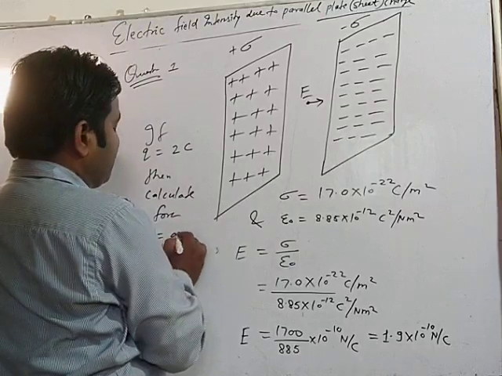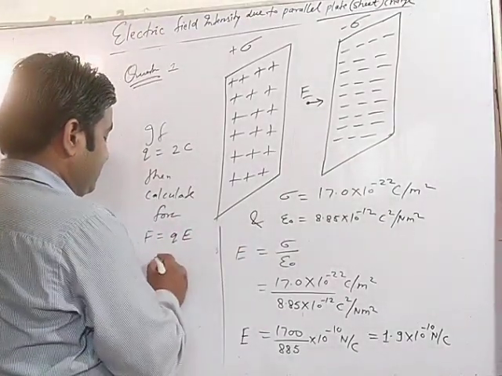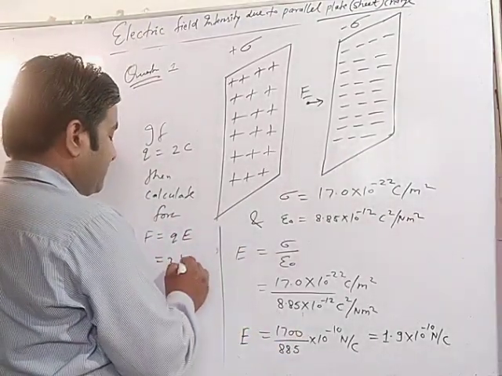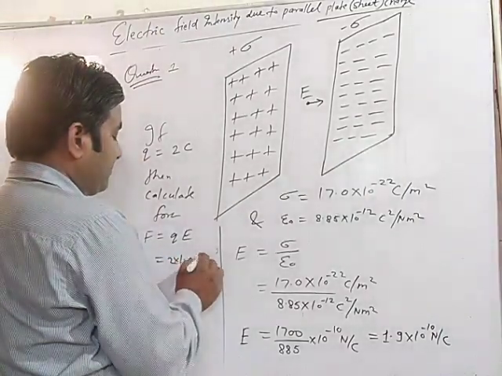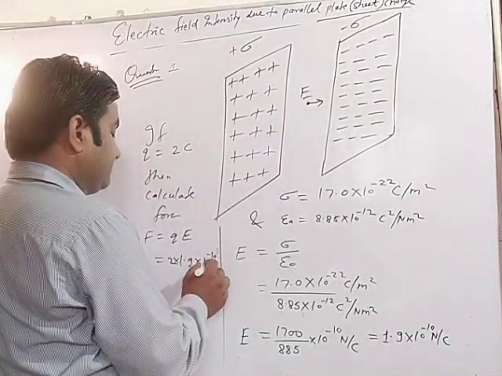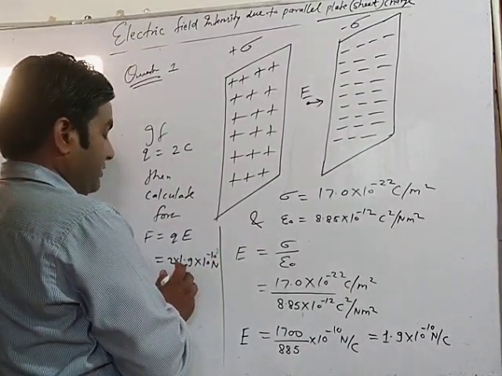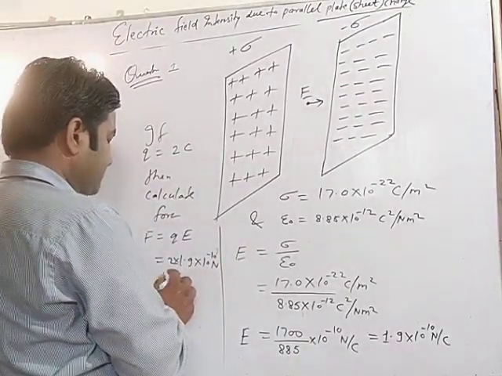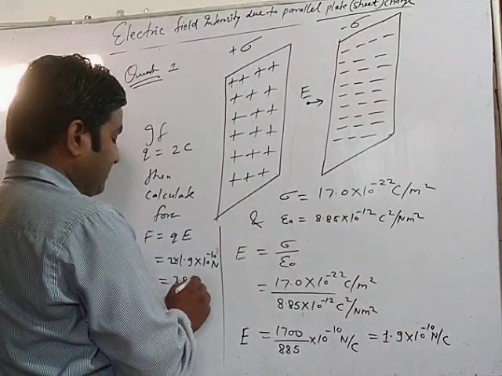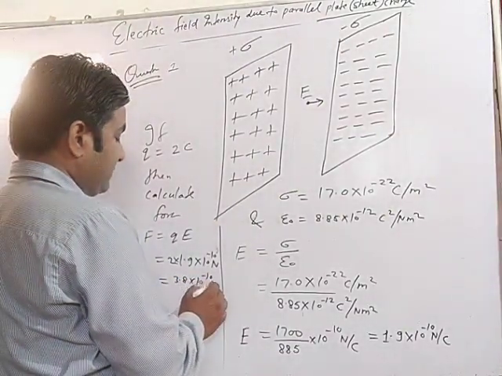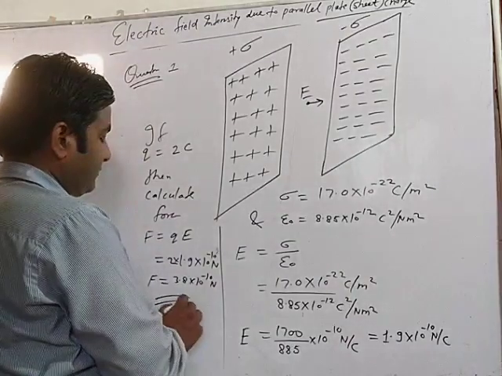Then F is equal to what? We know that F is equal to QE. Q value 2 and E value 1.9 into 10 power minus 10, then it will be in Newton, equal to 3.8 into 10 power minus 10 Newton. This is the value of force.